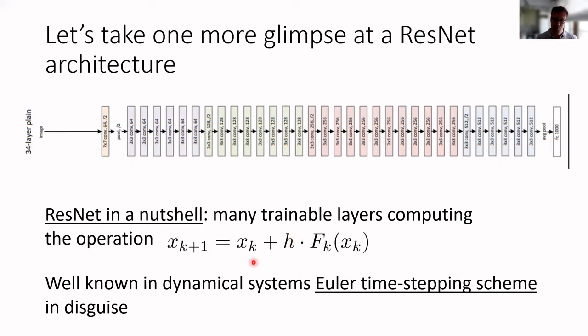That's why I have X_k here. I propagate the input through the layer, and that avoids the issue with vanishing gradients that you may know. And then I add something small times the trainable layer evaluated on the input, and this avoids the exploding gradient. So if you look at this, this looks like the well-known Euler time-stepping scheme.